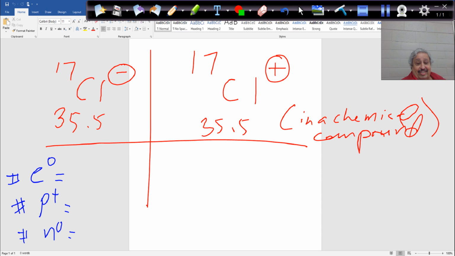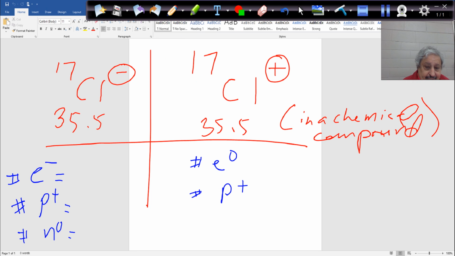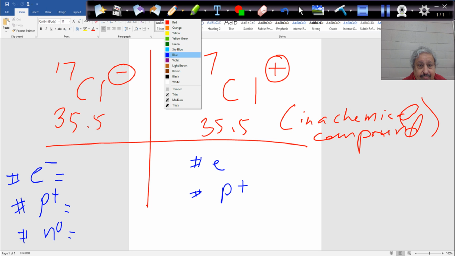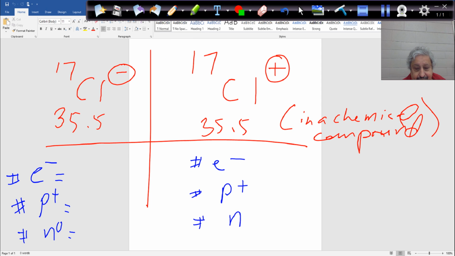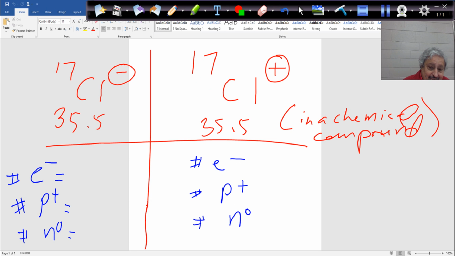Negative, and here is number of electrons, number of protons. This is wrong here. Okay, guys, can somebody help me with this, please? Somebody here?